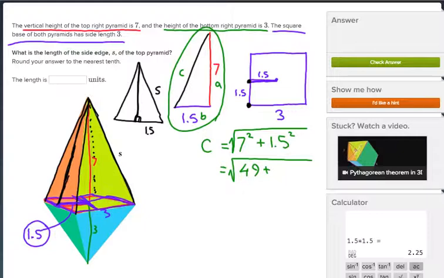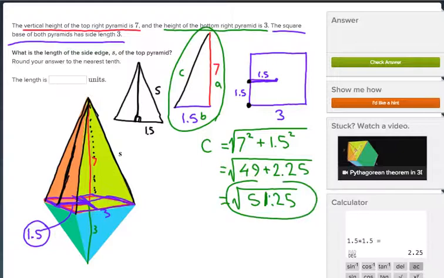Okay, so we've got plus 2.25, which means that we have 51.25. And I'm going to suggest that we do not actually take this out of the square root sign, out of the radical, because this is going to be useful to us later. And this length here is what we've got right here.